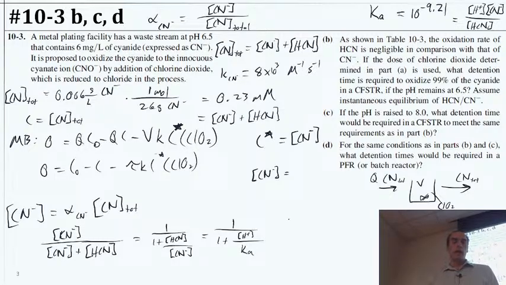All right, so now we have an alpha fraction and that we can calculate at our pH of 6.5.